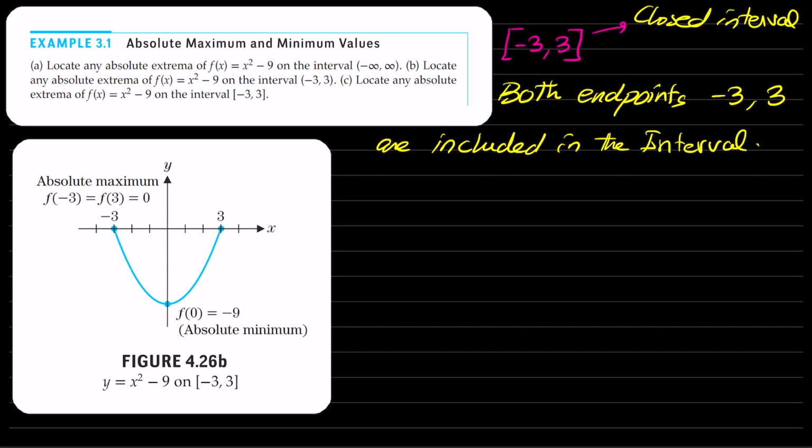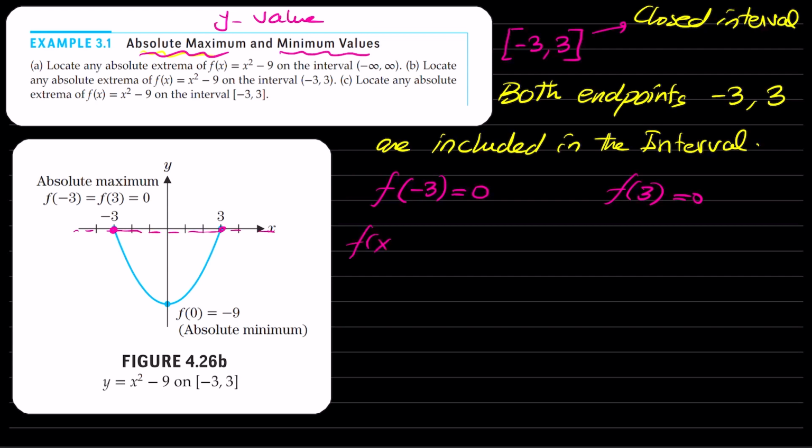Now look at the highest point, the maximum value this function can reach. When finding absolute maximum or minimum, we are searching for the y values. If we check the boundaries, from the graph f of -3 is 0 and f of 3 is 0. So this is the highest point where the graph can reach.